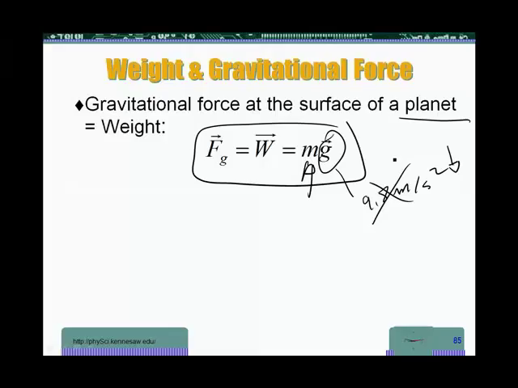Okay, now it's going to depend on where the mass is. Actually, even on Earth, we'll see in a little bit, it's going to depend on your location.